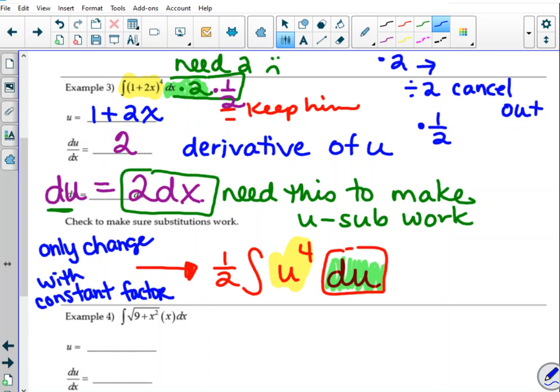You can do like a 2 and a 1/2, a 3 and a 1/3, a 2/5 and a 5/2. Because whatever number you need, you also need the reciprocal of that constant factor. We're going to do a lot with 2's, and so we're going to do a lot of halves, but every single one is not a 2 and a 1/2.